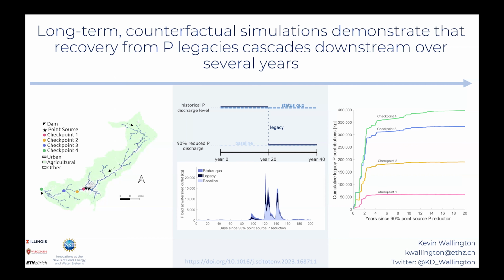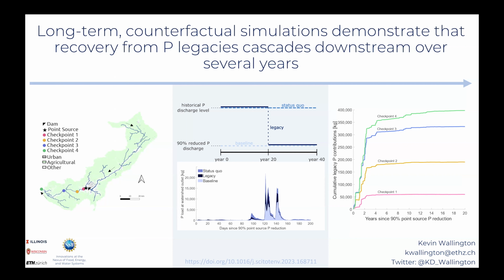A lot of management practices and focus on load reductions right now are either focused on decreasing what would be called edge of field phosphorus losses from agricultural fields. So fertilizer that's applied in a field that runs off and makes its way to a stream, or reductions of a point source phosphorus source, like what we are talking about in this study.